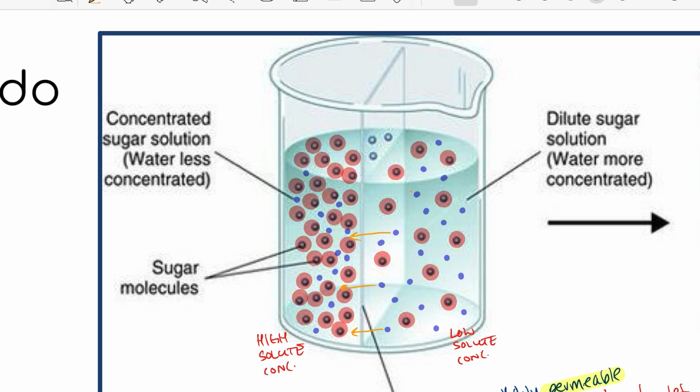And really what this is doing is it's making this side the same concentration as this side, and it does that by increasing the volume on this side.